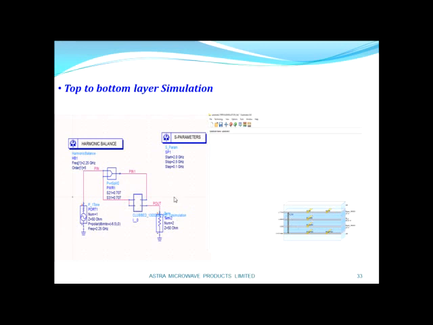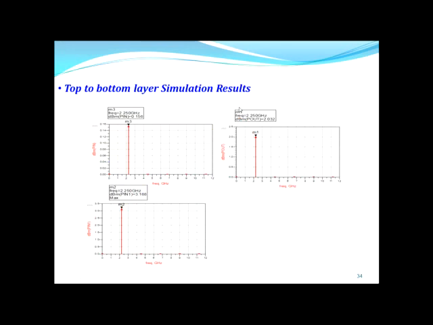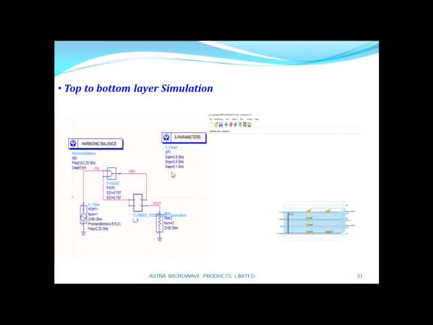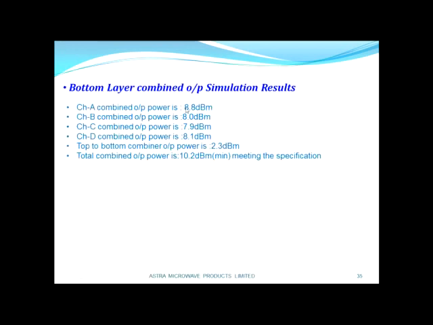Once I carried this out, I got something like 2.2 dBm as output power from the top to bottom layer. So overall I am getting 8 dBm minimum on the top layer, and 2.2 on the bottom layer. So around 10.2 dBm I am getting as combined output power, which is meeting the specifications.